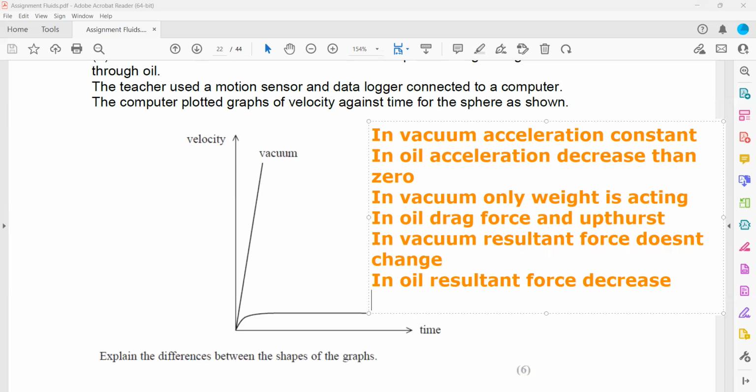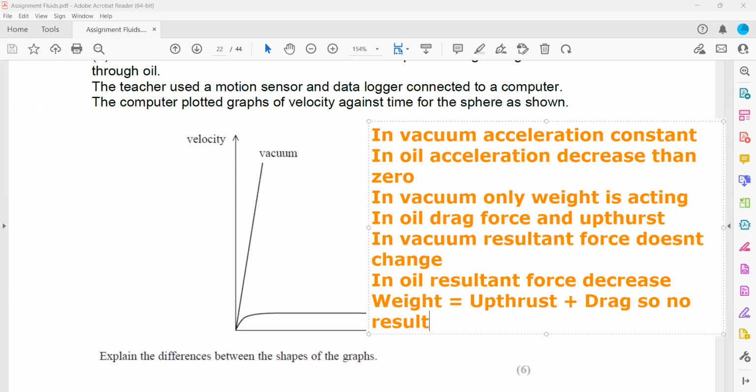And eventually, the weight is acting downward, as it is moving through the oil, while upthrust and drag are acting upward. So eventually weight is equal to upthrust plus the drag. So no resultant force or acceleration, or it moves with a constant speed.